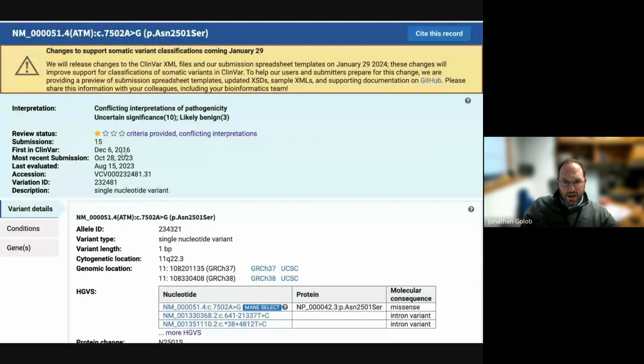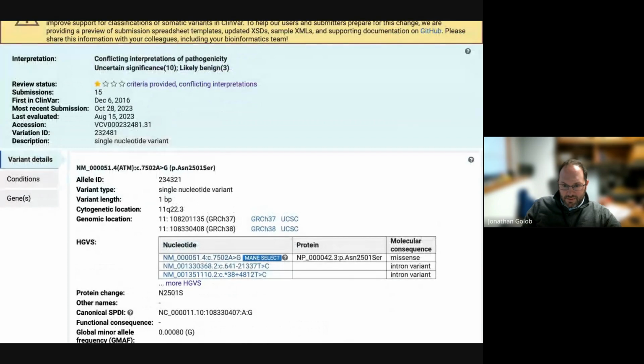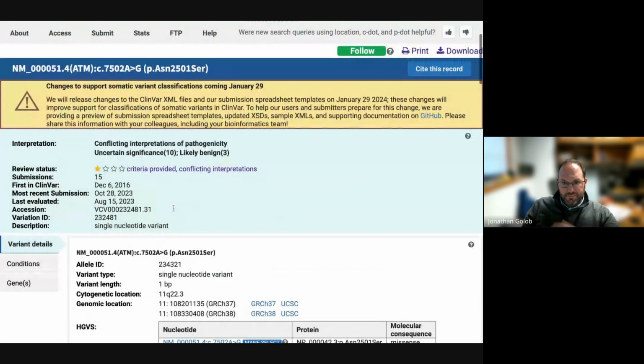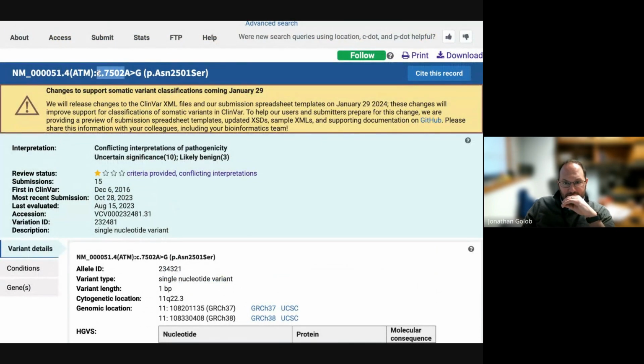So, yeah, maybe I'll give another example, building on that. Here we are. This is another variant we can see, and I'll point to what we're looking at. This is a mutation, you can see it up here, C7502A to G, but in the gene ATM.